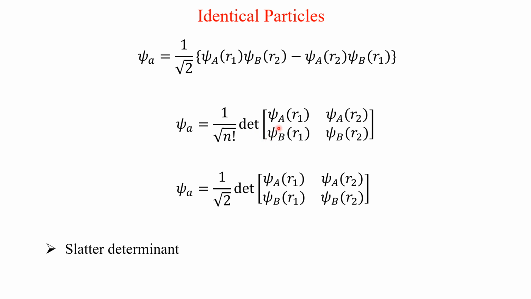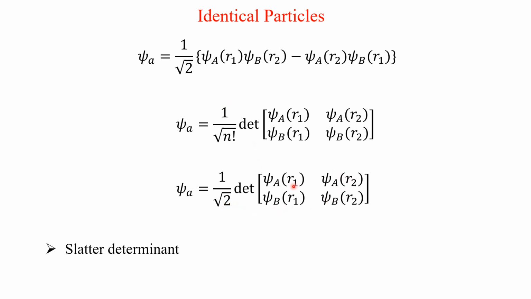Then the determinant: the first row is for particle A, the second row is for particle P, and the first column is for coordinate R1 and the second column is for coordinate R2.